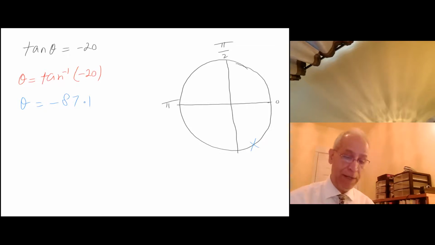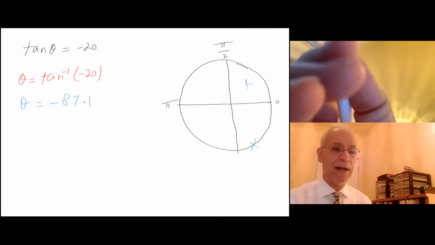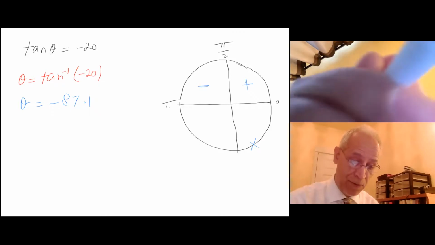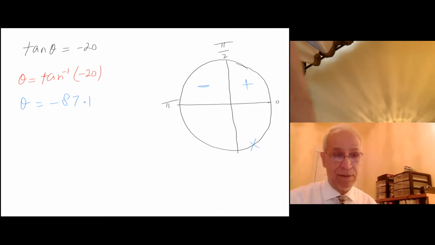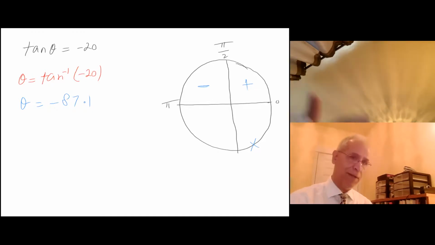I know tangent is positive in quadrant 1, so that's out of the question. Tangent is negative in quadrant 2. Where is my angle such that its tangent is -20?